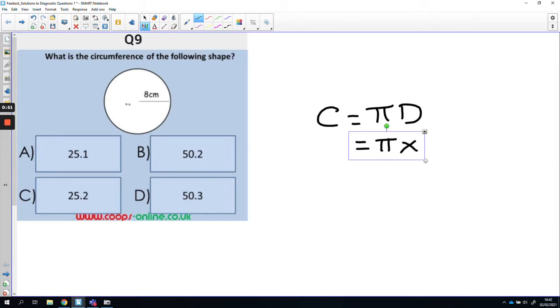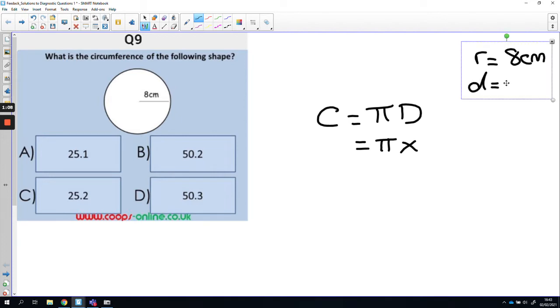So the diameter of the circle goes from side to side, passing through the centre. What you have been given is the radius. Now the radius is 8 centimetres, and that's half of the diameter. So to get the diameter, you would multiply the radius by 2, which is 16.